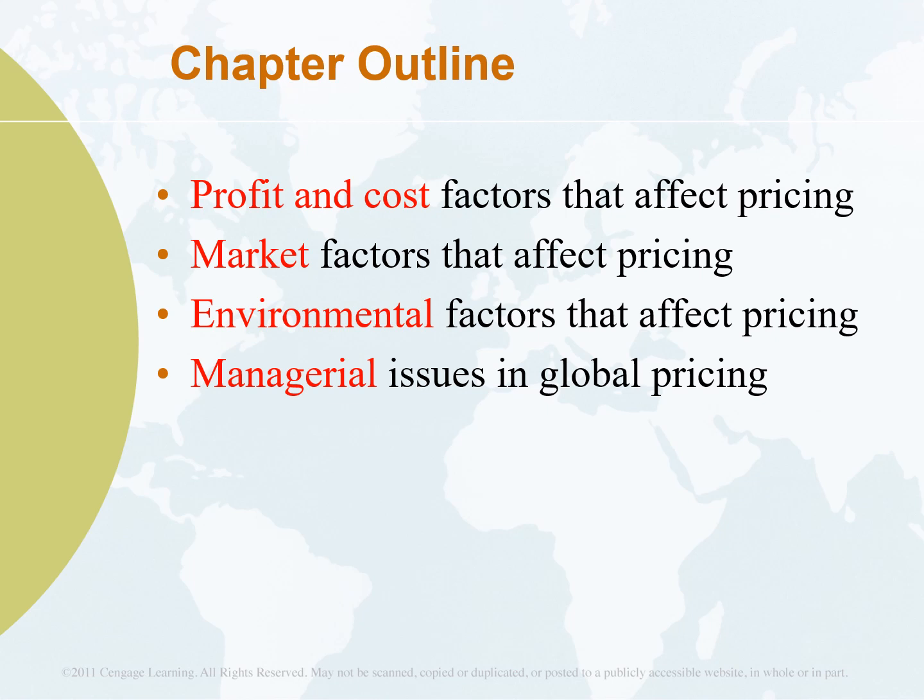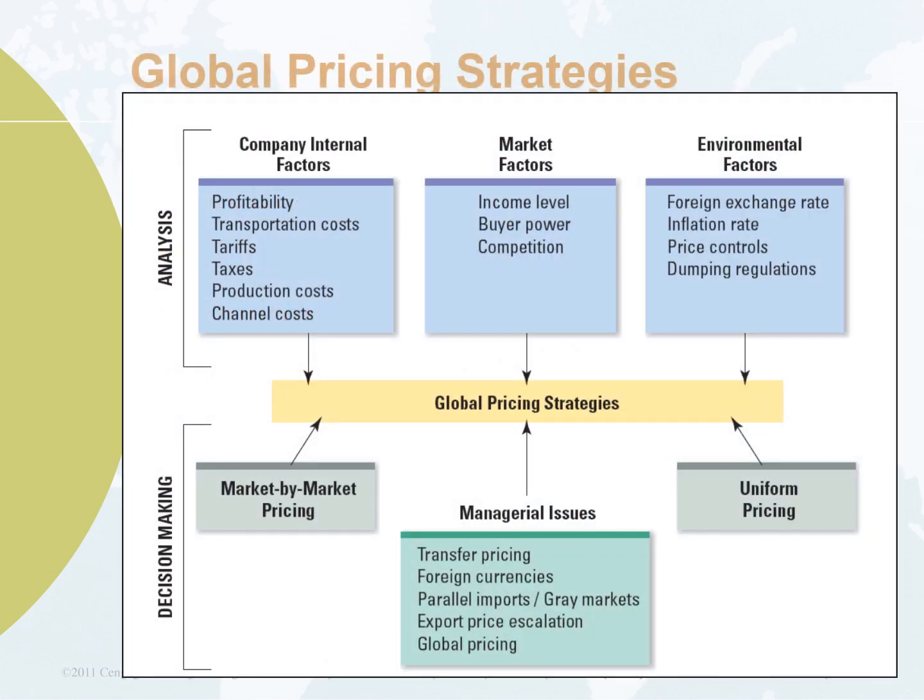In the chapter outline, we talk about the profit and cost factors that affect pricing, the market factors, environmental factors, and managerial issues in global pricing. Overall, there are company internal factors you need to take into consideration: profitability, transportation, tariff, tax, production costs, and channel costs.